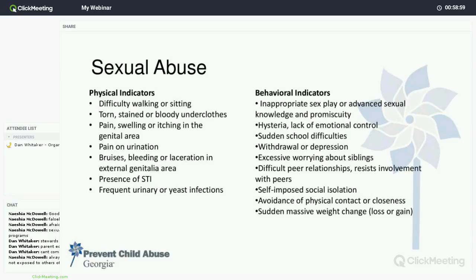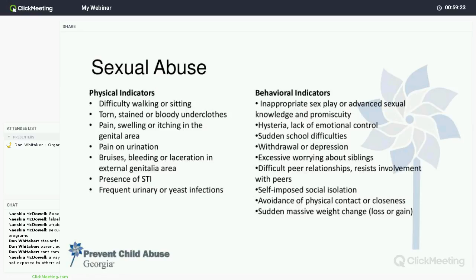Their genitals are just the same to them as their ears, eyes, nose, hands. So when we see that, we need to be having talks about what's private areas, what's not private areas. Age appropriate discussions. But if we see certain sex acts, then we need to be alarmed about what this child is exposed to at home or what's going on.